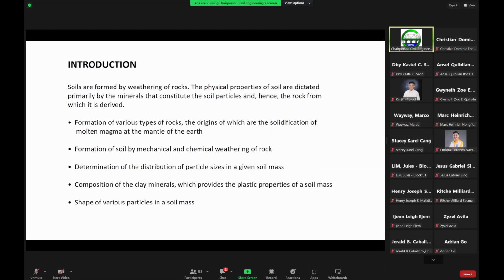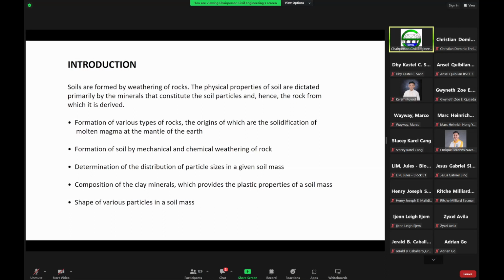Later on, I think in the third lesson, we will be talking about soil classifications, and there's what you call a low plasticity silt.